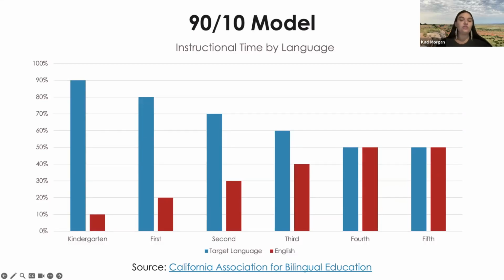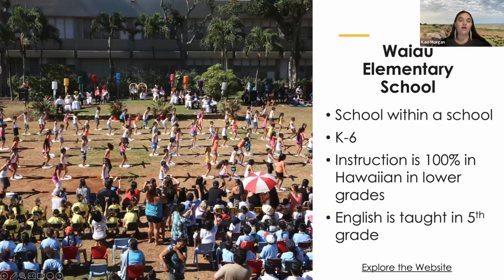On this visual, you can see that once it hits 50-50, it transitions into a dual language type of model, which is also an option. So within partial, you have lots of different options for how you might structure that instructional time.